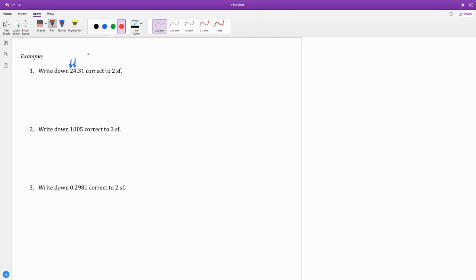We need to look at the third. Since it's 3, which is less than 5, remember the digits 0 to 9, we divide them into less than 5 and 5 or greater. Since we have 3, it remains 24. We round it down.